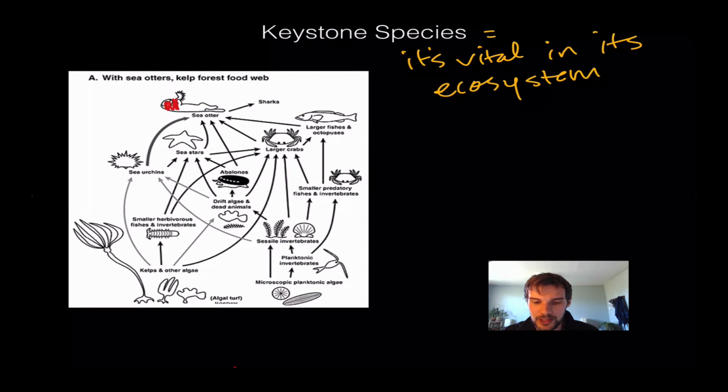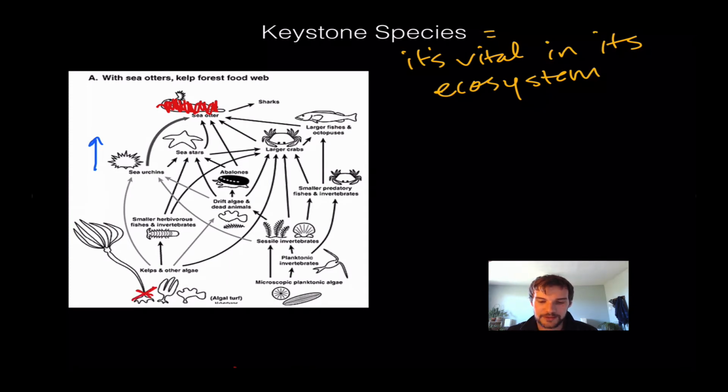Centuries ago, we would trap all of these sea otters and kill them. And so the sea otters along our coast were no longer there. And what happened was the sea urchin population went crazy, and they just littered the bottom of the ocean. And what they do is that they will eat the bottom of kelp.